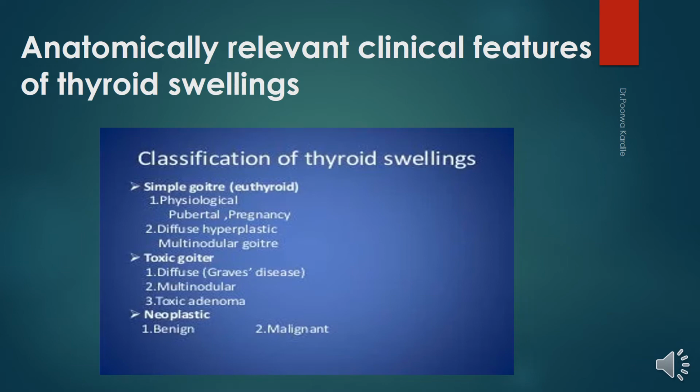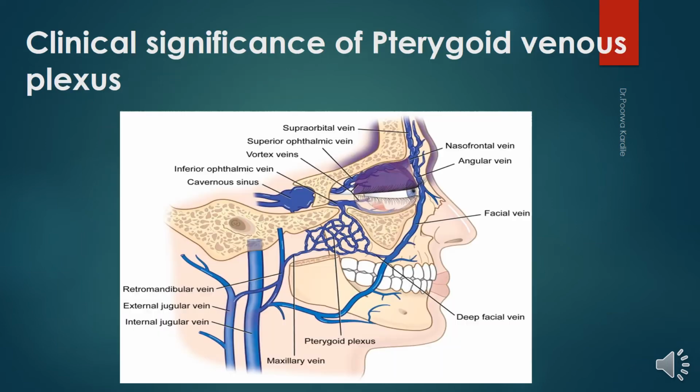Compression of the esophagus leads to difficulty in swallowing, known as dysphagia, and compression of the recurrent laryngeal nerve leads to hoarseness of voice. So these are anatomically relevant clinical features of thyroid swelling.